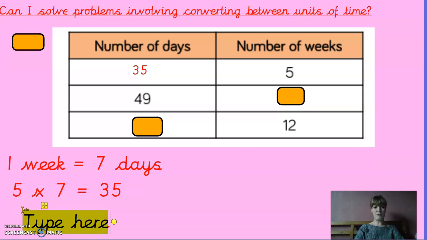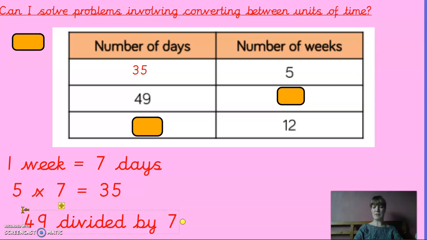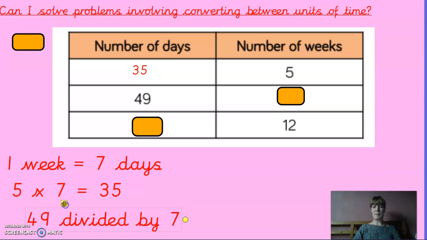So I would do 49 divided by 7, because that's how many days is in a week. I want to know how many weeks that is, and I know that equals 7. Let's see if I am correct under the box. Yep, 7.